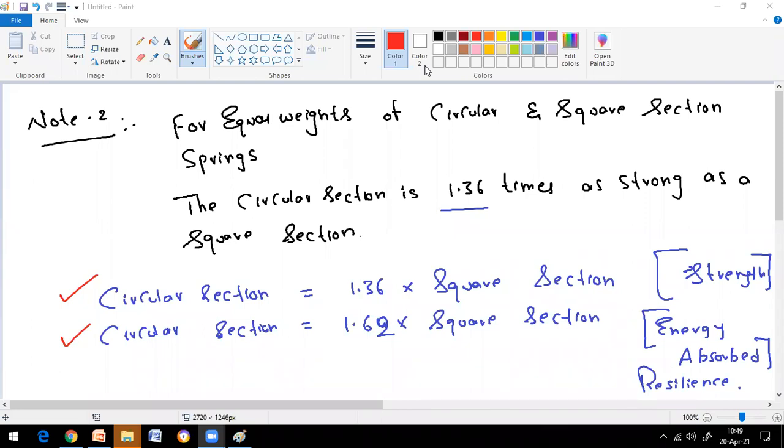When their densities are equal, I can consider their volumes are also equal. With that relation, I took circular section and square section as having an equal volume. So with that note, we have derived this problem. Good. If you have doubts, ask, it will be clear. Fine. Shall we move on to the next problem?